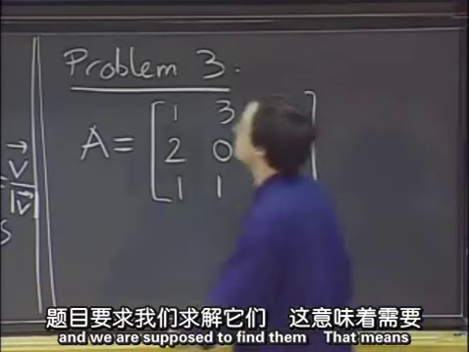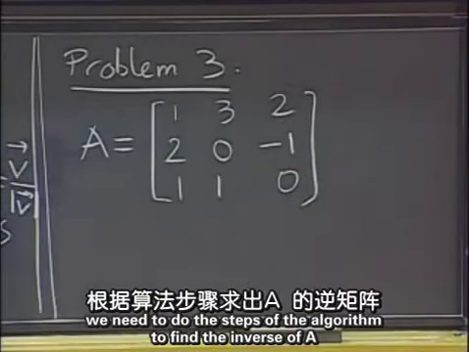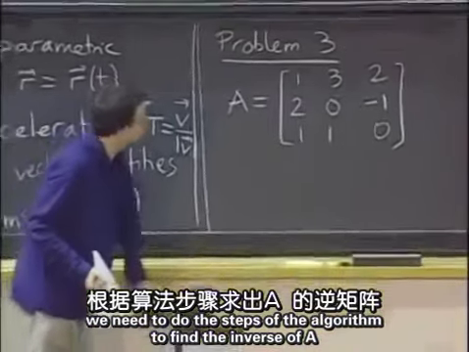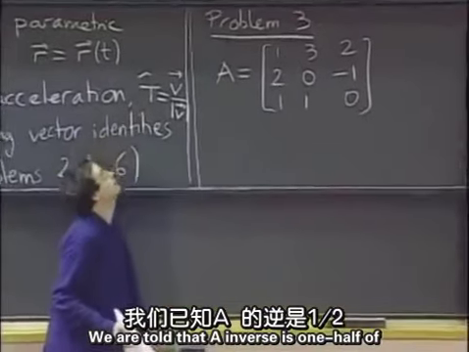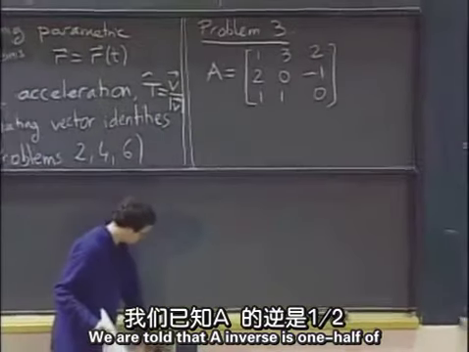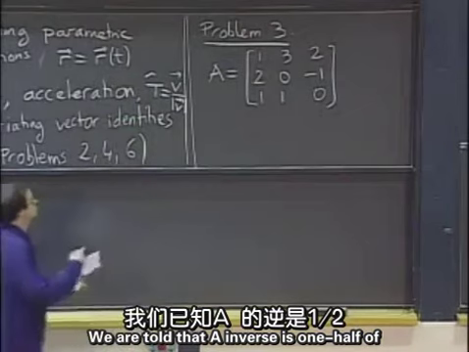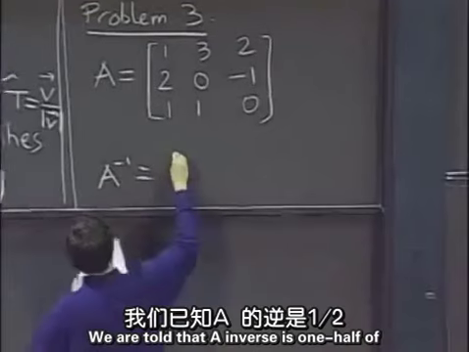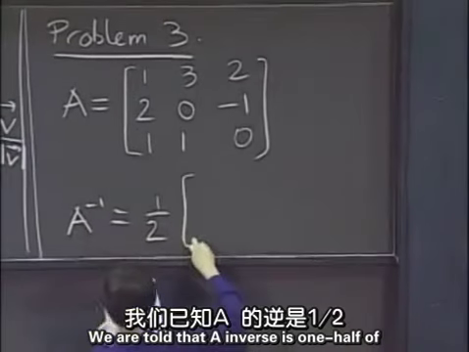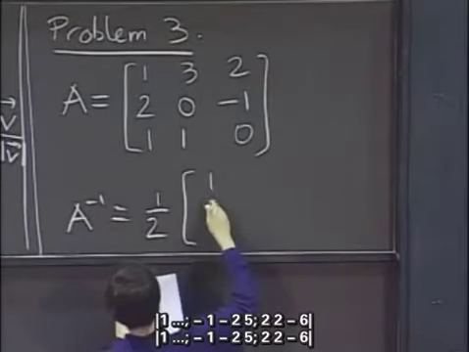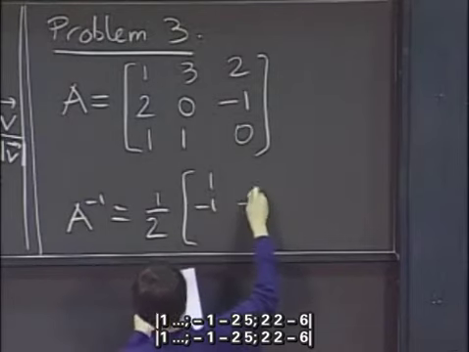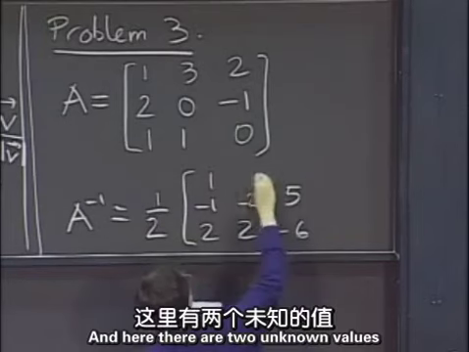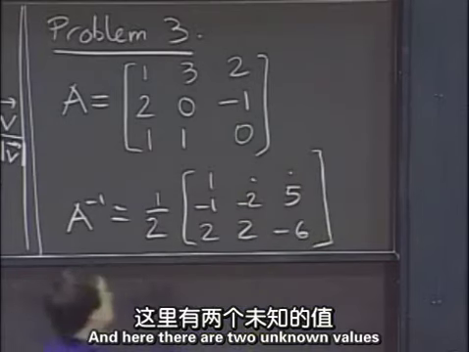So that means we need to do the steps of the algorithm to find the inverse of A. We are told A inverse is 1/2 of 1, minus 1, minus 2, 5, 2, 2, minus 6, and here there are 2 unknown values.